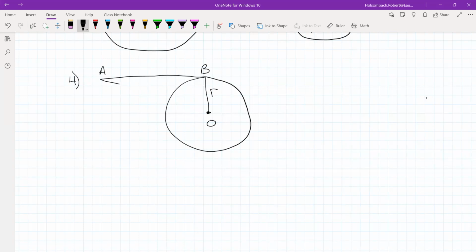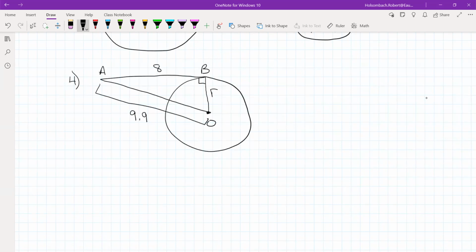If we connect AB, then we've got a tangent and a radius intersecting, and they form a 90-degree angle. Find the length of the radius for AB equals 8, AO equals 9.9. So A all the way to O is 9.9.